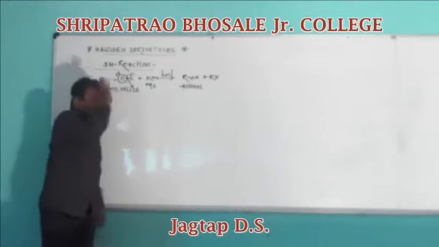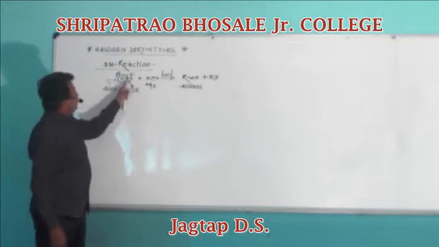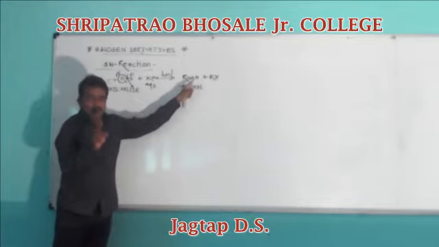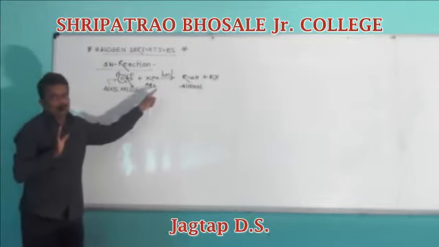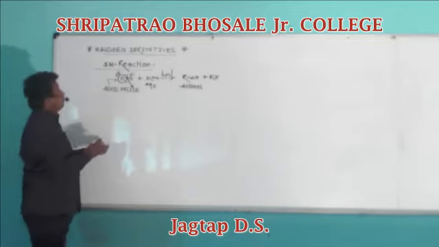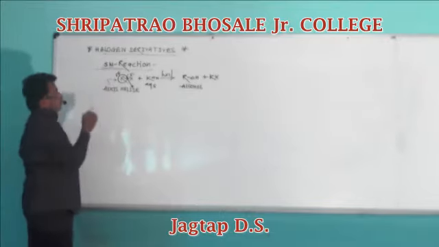So in this reaction, the halogen atom of alkyl halide is replaced by the nucleophile, that is OH minus. Therefore, this reaction is known as nucleophilic substitution reaction.